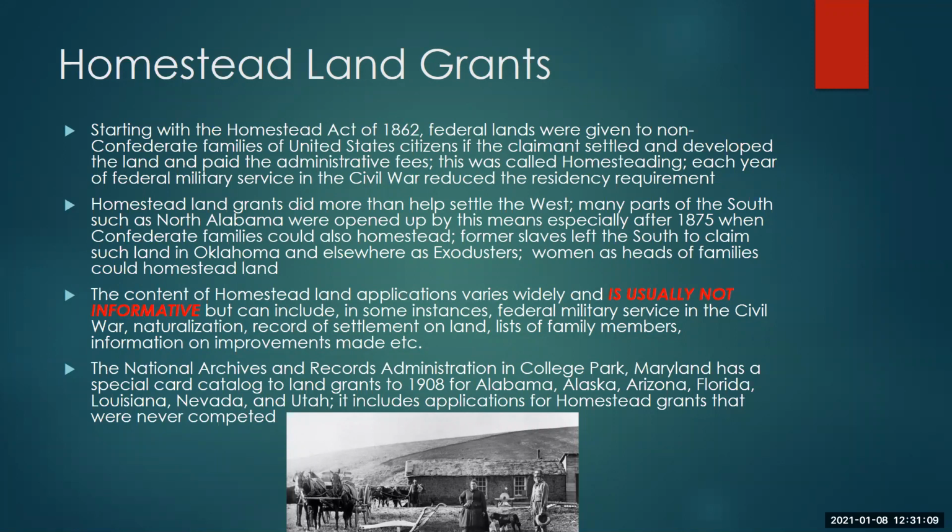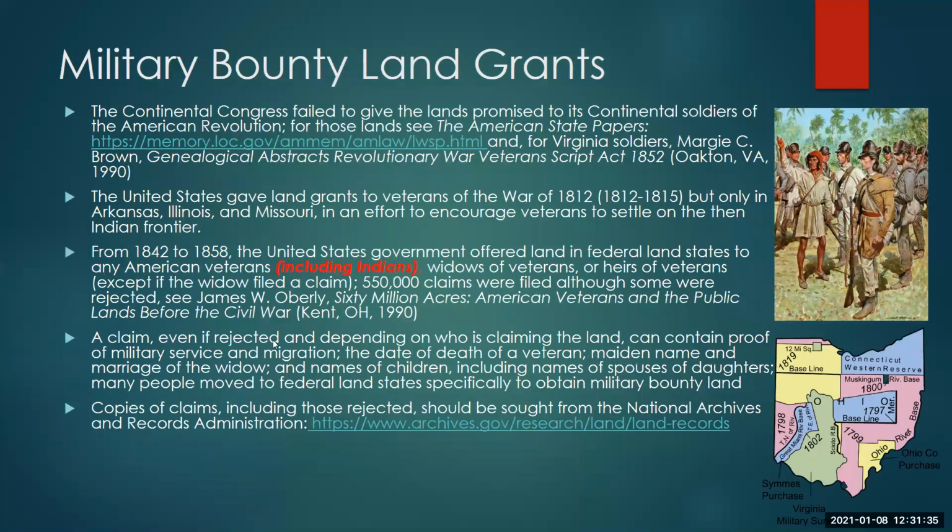Even if your ancestor did not receive a homestead land grant, you might want to contact the National Archives just to see if they applied for a homestead land, even if they never completed the process for whatever reason. And of course, information in a rejected or unfinished claim is just as good as information from anywhere else.